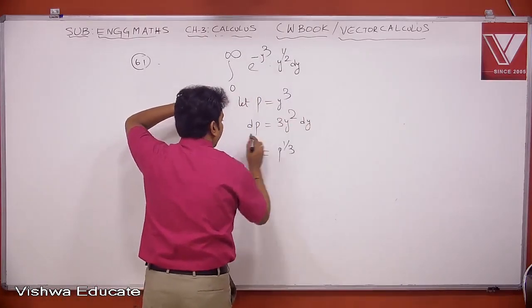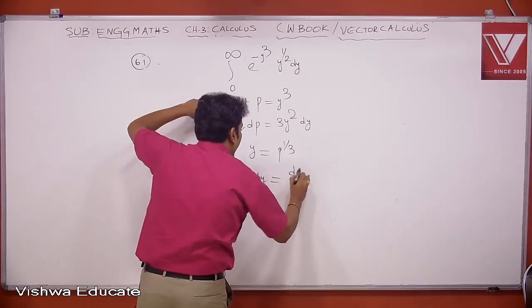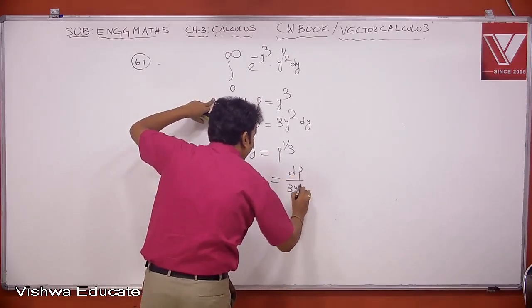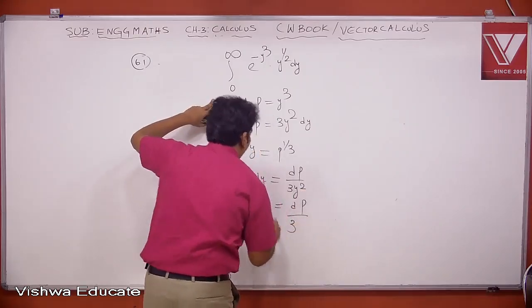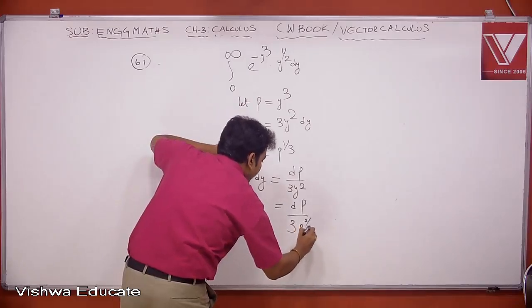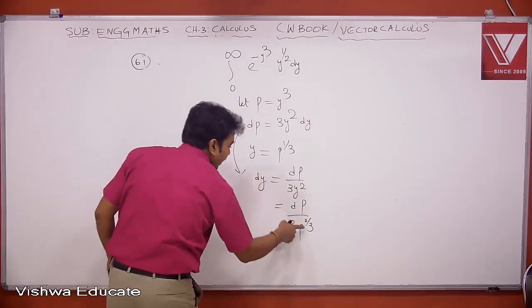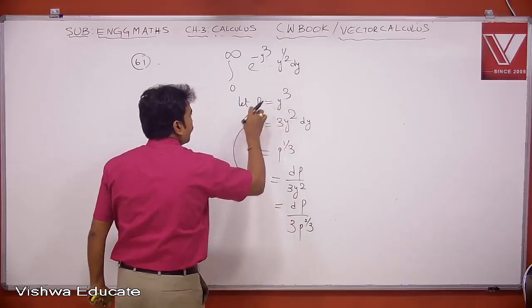But here you can see, from this expression we can write dy equal to dp by 3y square. So this expression is dp by 3 into, here y is this, so y square becomes p power 2 by 3. So we got dy in terms of dp, and we got the y value in terms of p.